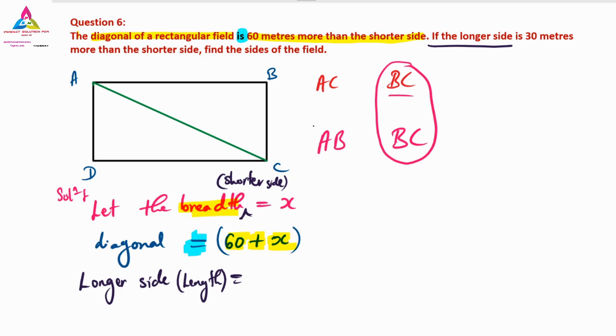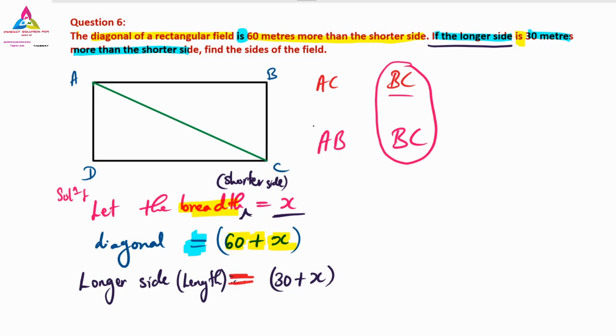Read that statement once again: 30 meter more than the shorter side. 30 meter more means 30 plus the shorter side, which is x only. So x plus 30 or 30 plus x; both are the same.